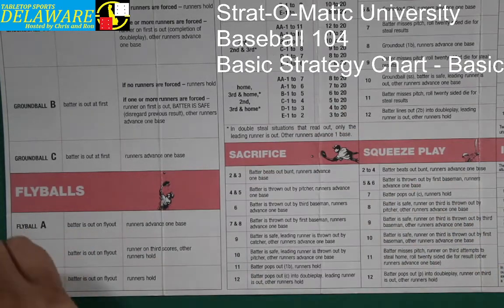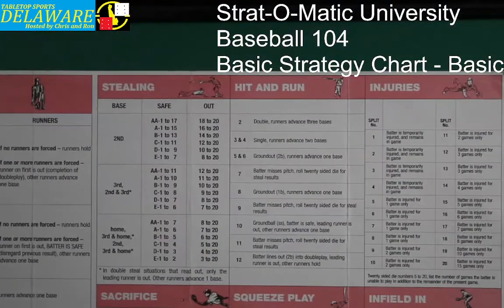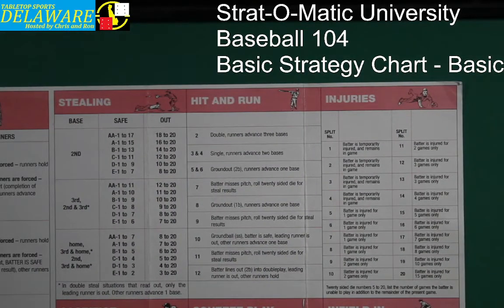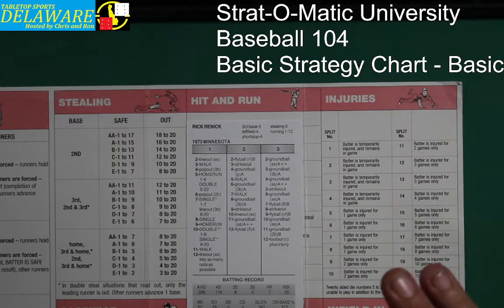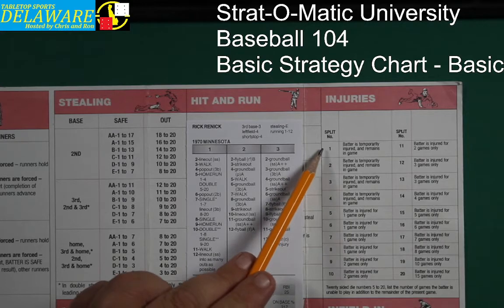There are 2 more over on the right side of this chart. First, we'll cover injuries, which is simple enough. Injuries only happen on the batter's cards. If you have foul out plus injury, you're going to roll the d20, you can see 1 to 20.